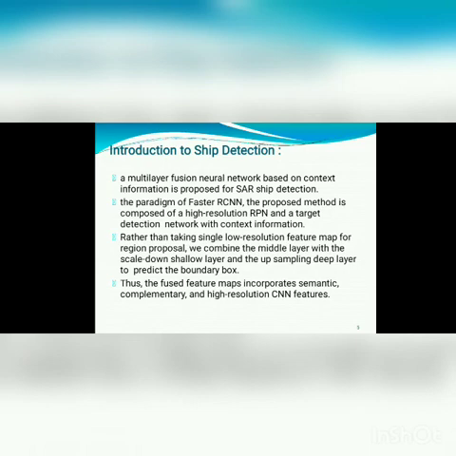The proposed method is composed of a high resolution RPN and a target detection network with context information. Rather than taking a single low resolution feature map for region proposals, we combine the middle layer with the scaled down shallow layer and the upsampled deep layer to predict the bounding box. Thus the fused feature map incorporates semantic and complementary high resolution CNN features.